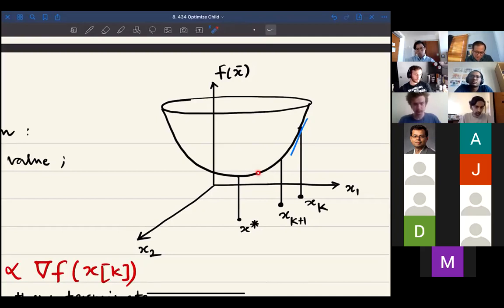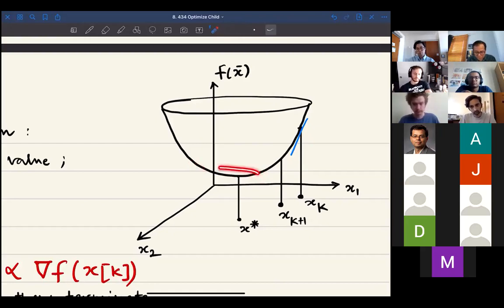But now because you are multiplying alpha by a larger value, you move to this point. So now, at this point, you had alpha and you were multiplying with a smaller gradient, right? Because the gradient at this point is smaller than the gradient at this point. Do you agree?